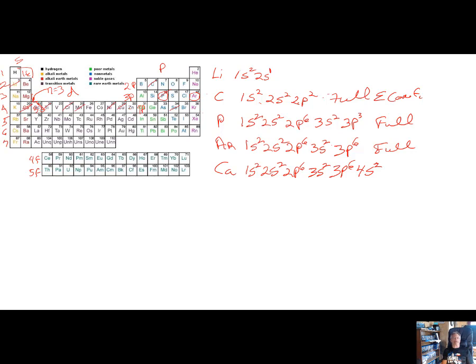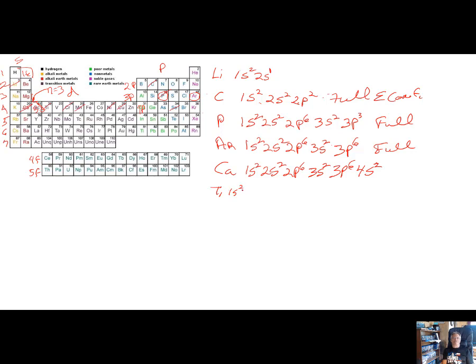So let's do titanium. Here's titanium, and we're going to do the full electron configuration, and then I'm going to show you something that will make your life a bit easier. So we fill them up from the bottom up.